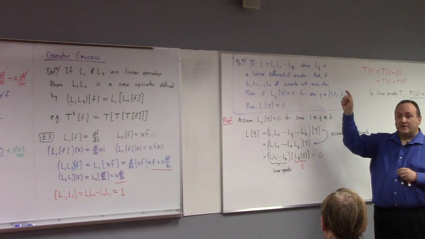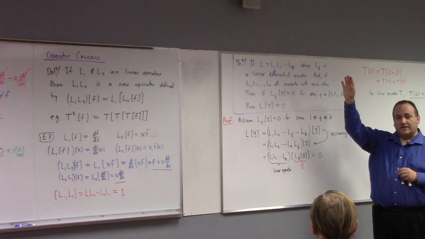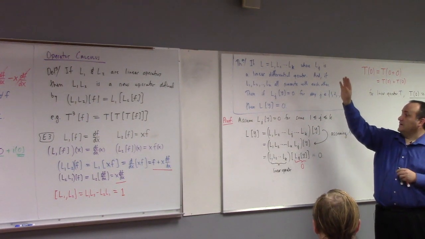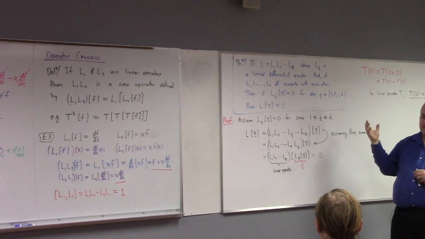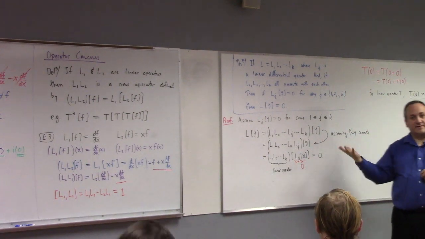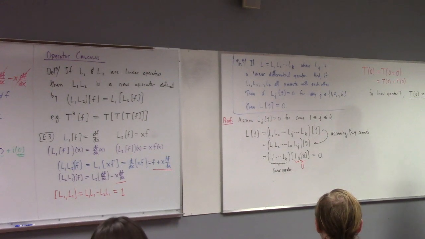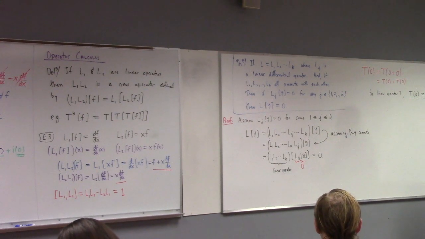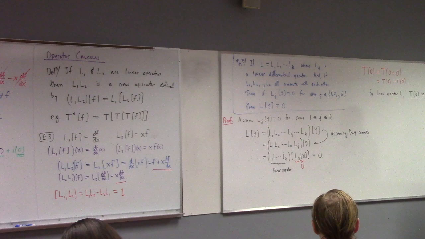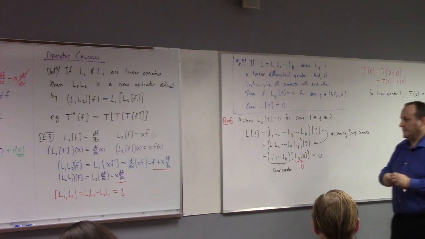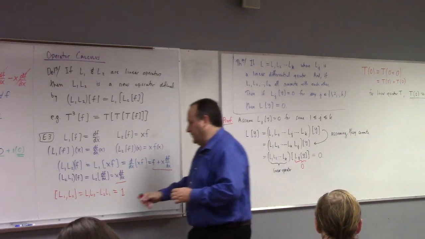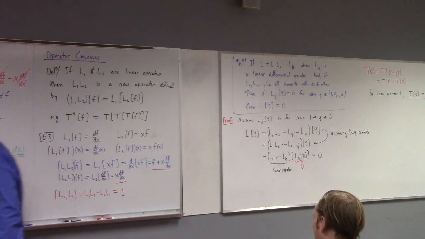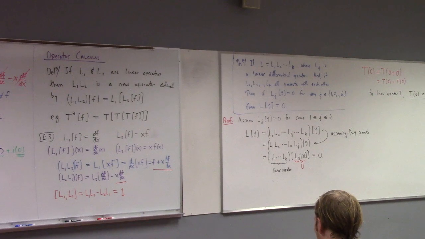We can find the solution set for L1, find the solution set for L2, find the solution set for Lk, and we can combine them, and it's going to be a solution set for the whole thing. So this means that we can divide and conquer, basically. All right, so let me go on here.